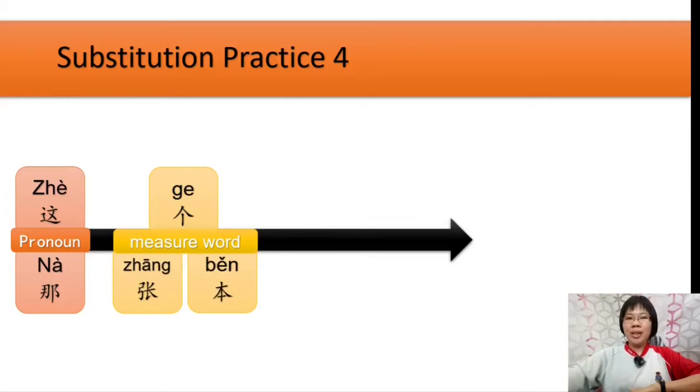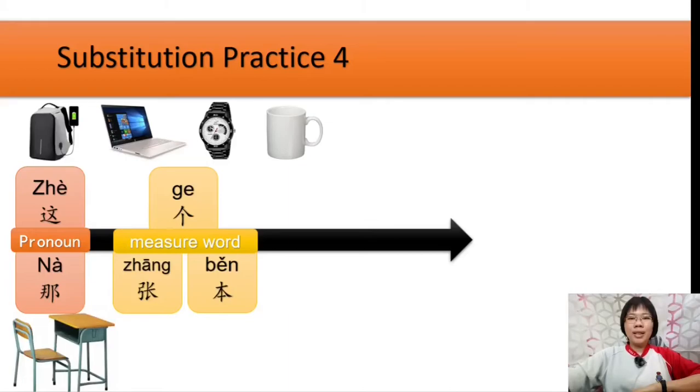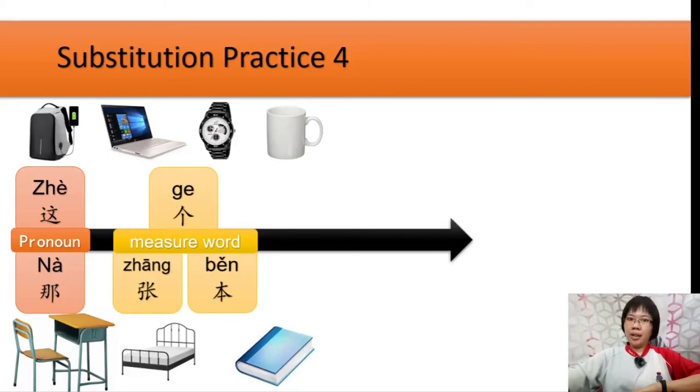You can use the measure word 个 to describe 一个书包，一个电脑，一个手表，一个杯子。You can use the measure word 张 to describe 一张桌子，一张椅子，一张床。And finally, 本。You can use the word 本 to describe 一本书。Tips, ingat ya, penjodoh bilangan ni jodoh kena betul ya.